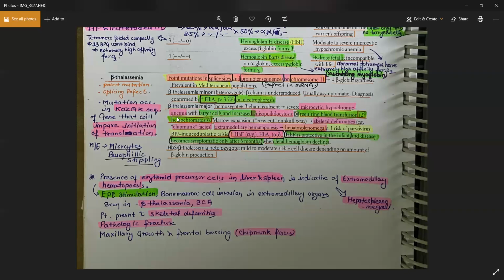Before 6 months, the patient will be absolutely normal. But in alpha thalassemia, it will be evident as soon as birth or even in fetal life. There's a huge difference between alpha thalassemia and beta thalassemia, right? And any more doubts so far?